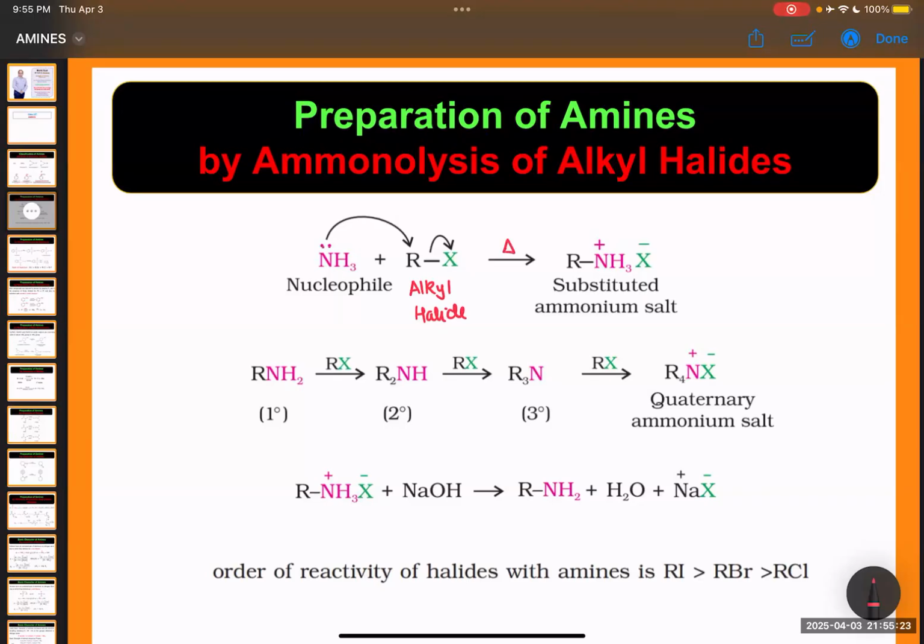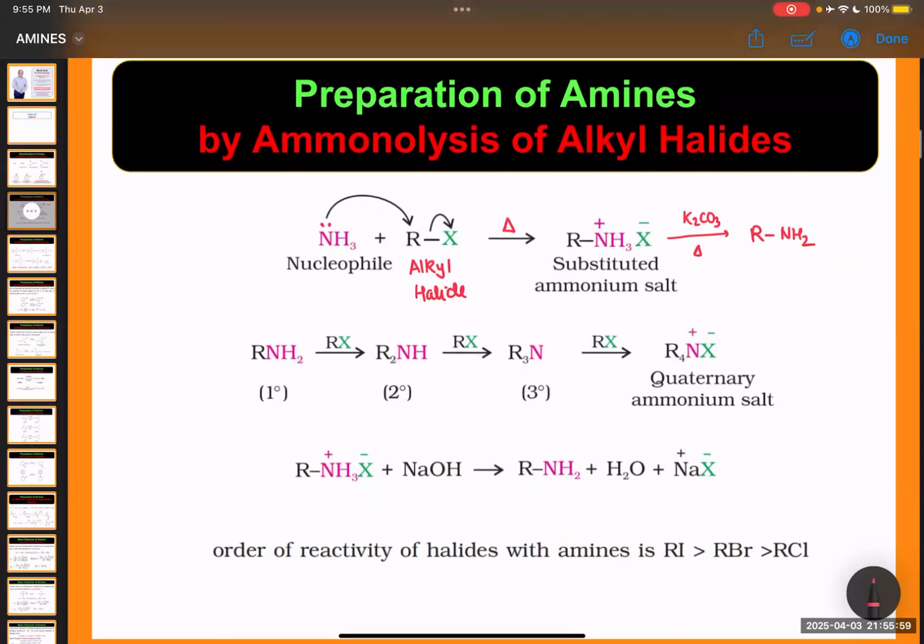The lone pair of ammonia is going to come and attack the alkyl group, and the halogen is going to come out. Then you treat it with a base. Generally K2CO3 is taken. It may or may not be given, but you can directly write your answer as RNH2. Okay, so this is ammonolysis where you replace halogen by NH2.